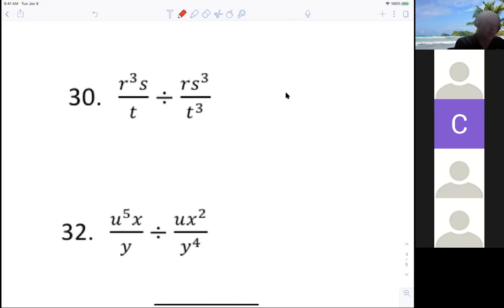All right, for number 30, I want you to write r cubed s over t times t cubed over r s cubed. And then it's just a matter of reducing, okay? I don't see any numbers, so I'm just going to start with the letters. R cubed and r gives me r squared on the top.